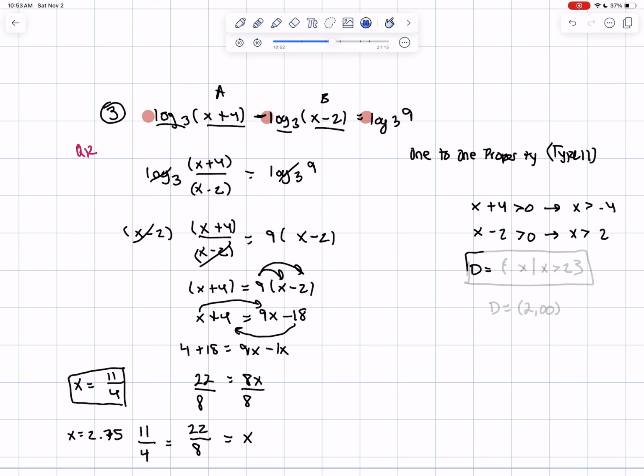So that means our domain is going to be x is greater than 2, because it's closer to the 2 than it is to the negative 4. So this is our domain. And I could also write this as the domain is 2 to infinity.